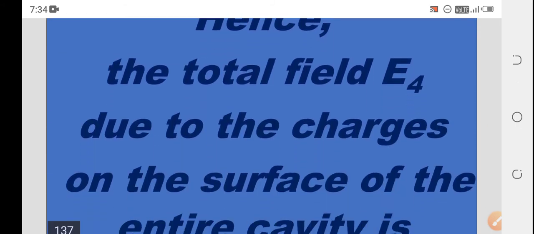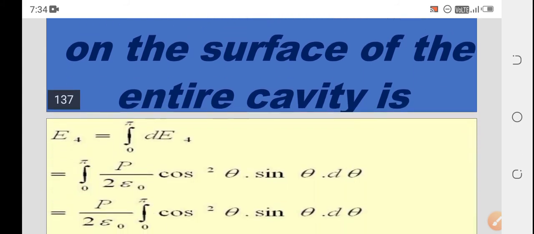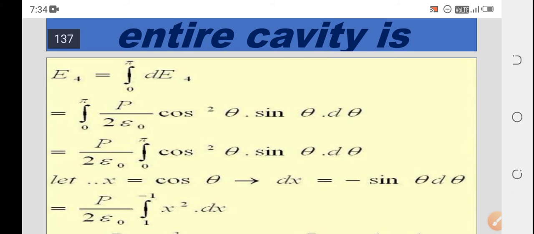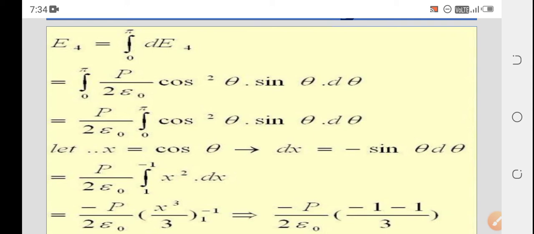Hence the total field E4 due to the charges on the surface of the entire cavity is the integration from 0 to pi of dE4. So P by 2 epsilon naught integral from 0 to pi of cos square theta sin theta d theta. Let x be cos theta, so dx is minus sin theta d theta.